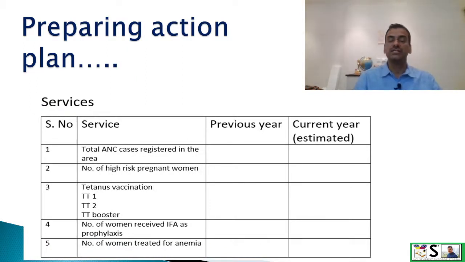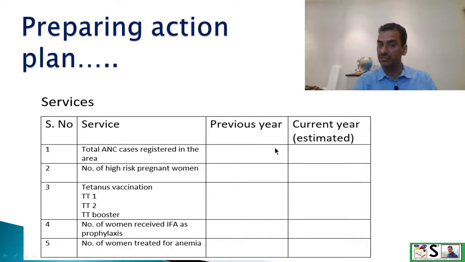Then we write the services to be provided to the community, and for this we write the following points. For example, first of all, we will write about the total ANC cases registered in the area. Here we have 2 columns, previous year and current year. In current year we will write the estimated number.